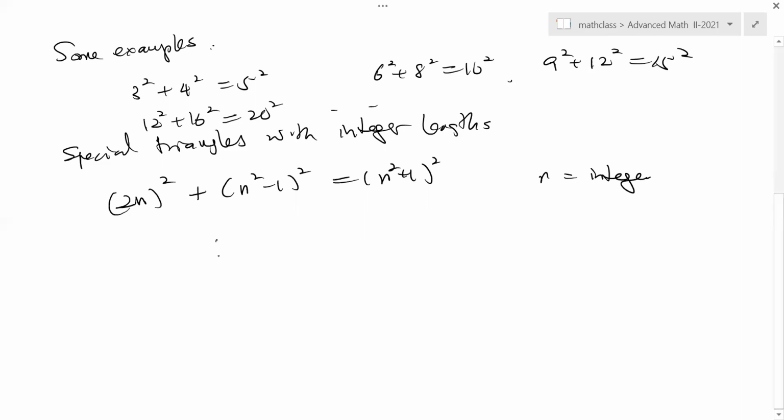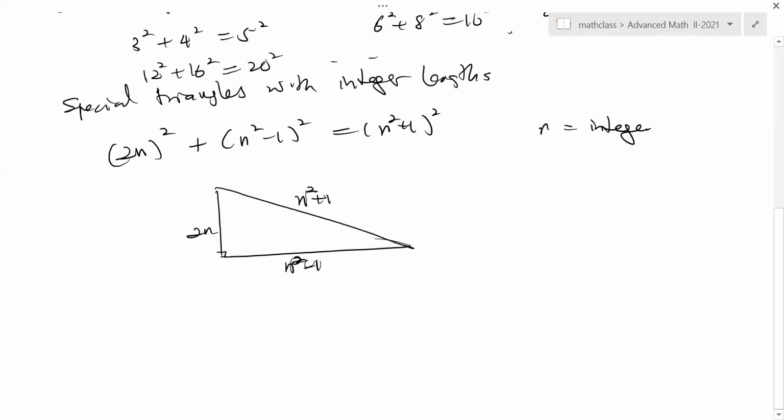In other words, let's draw the picture here. This is the right angle. If one side is 2n and another is n squared minus 1, then as long as it's a right angle, the other side must be n squared plus 1.